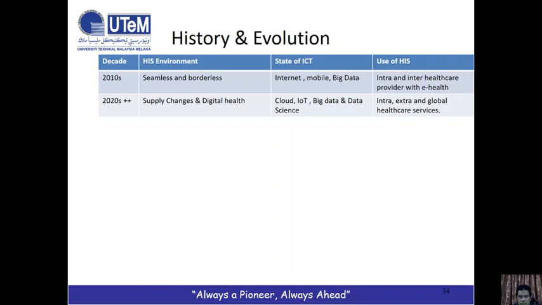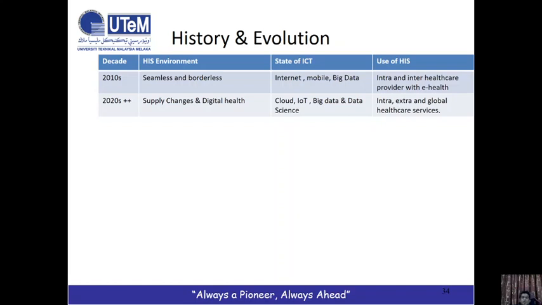So the internet is an instrument, a very important transport for transporting the data, or viewing the data, anywhere and at any time. And during that time, big data came into the picture, mobile applications, and HIS applications focused on intra and inter healthcare providers.